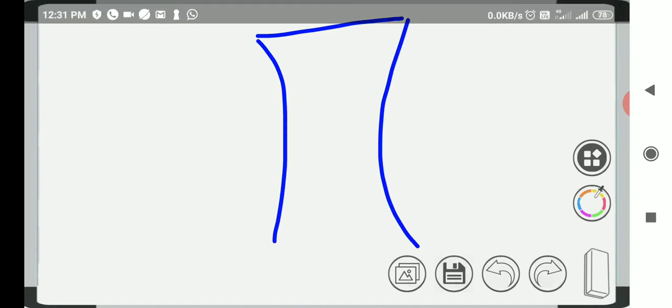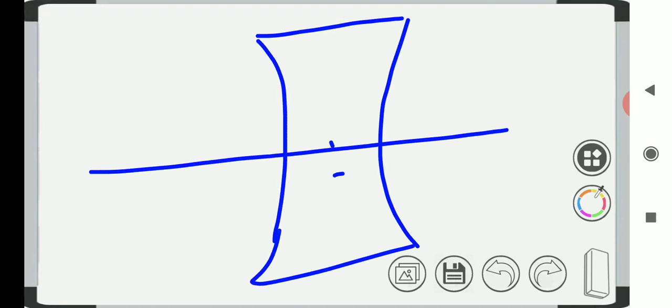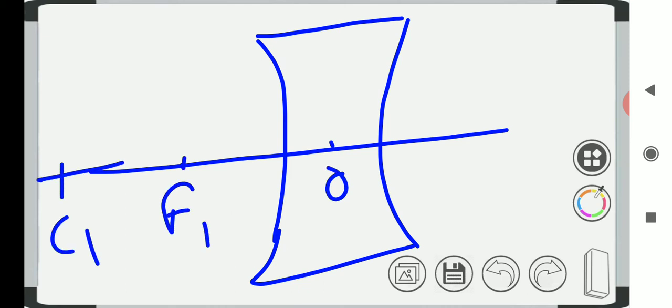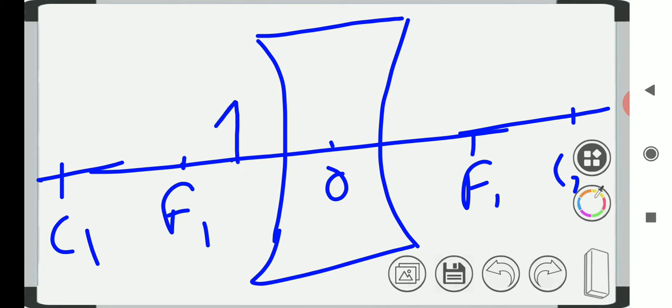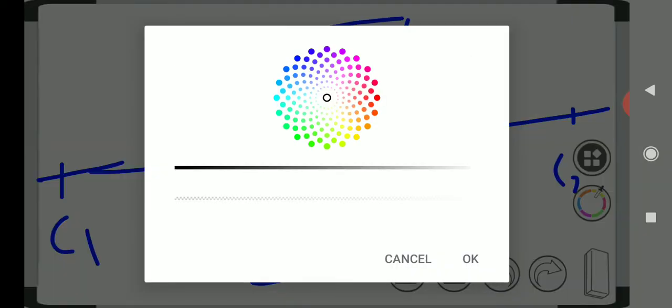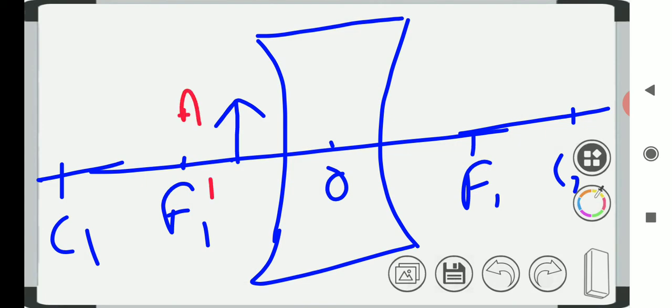The second case is when the object is between infinity and the optical center. This is the optical center, focus point 1, C1, F2 and C2. When the object is at a position between infinity and the optical center of the lens, this is object AB.